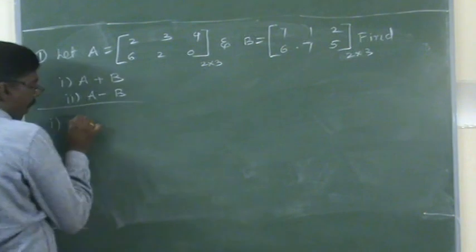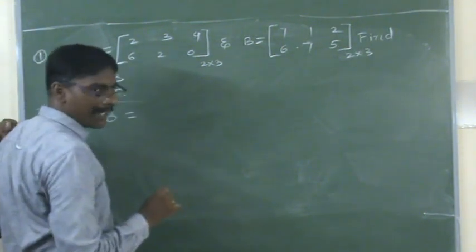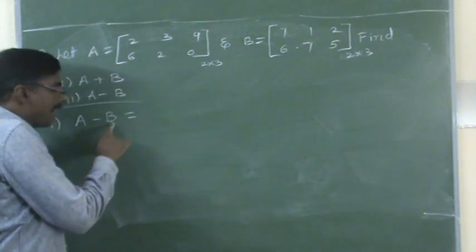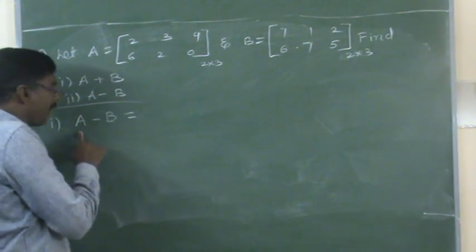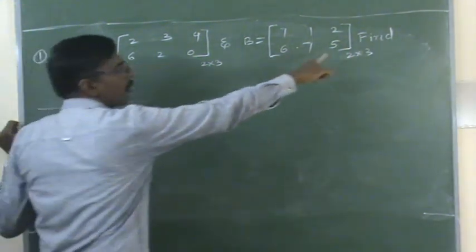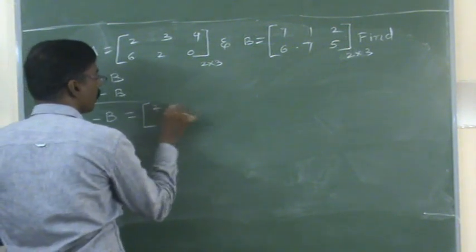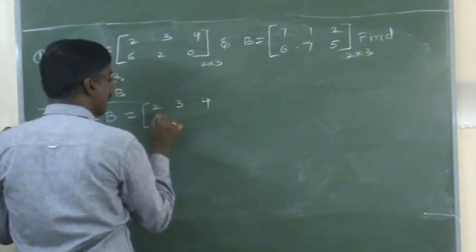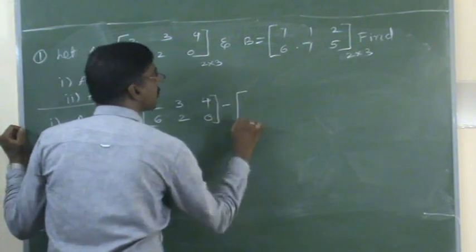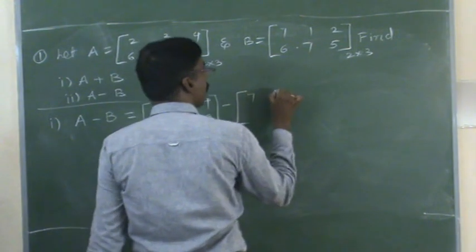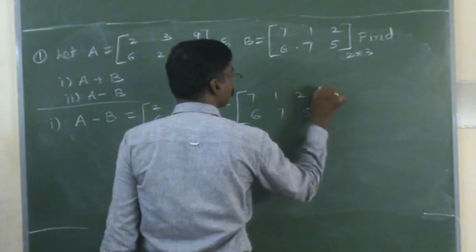Next, how to subtract the two matrices? Matrix A minus matrix B. Here we are choosing matrix A minus matrix B, with their orders 2 by 3 and 2 by 3. The same, so subtraction is possible. Matrix A, 2, 3, 4, 6, 2, 0, minus 7, 1, 2, 6, 7, 5.